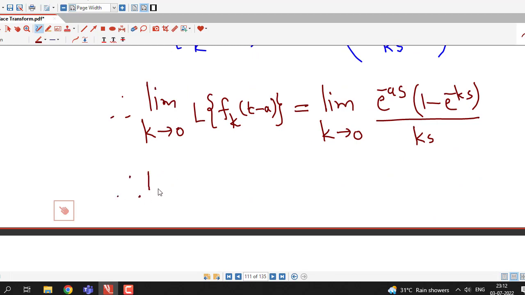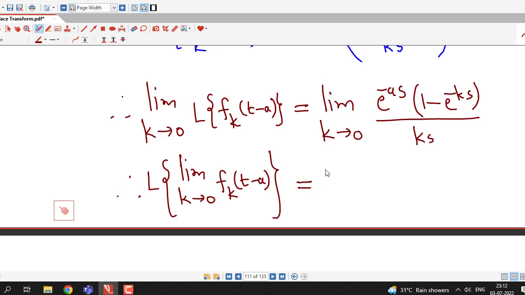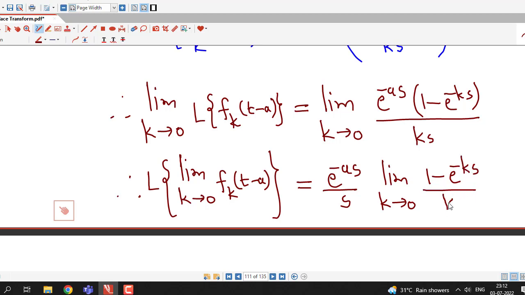On this side I can take the limit inside the Laplace transform, so the limit of the Laplace transform equals the Laplace transform of the limit of f suffix k of t minus a. Here e raised to minus as divided by s is independent of k, and therefore we can take it outside the limit, and here we have 1 minus e raised to minus ks divided by k.